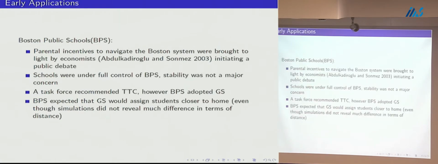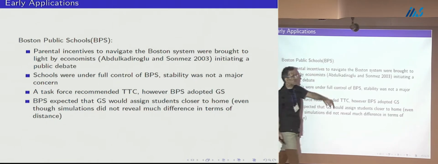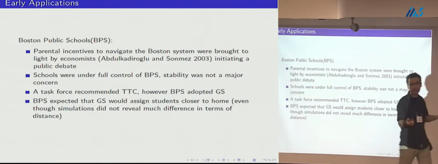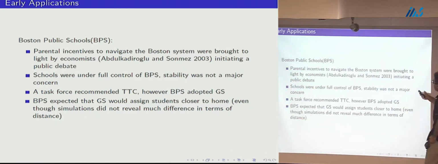So what happened then? The early applications actually tell us a lot about how the market design work for school choice has evolved. The Boston public schools' parental incentives to navigate the Boston system were brought to light by our article, and that actually initiated the debate. And only after that, the Boston public schools decided to change their admissions system.